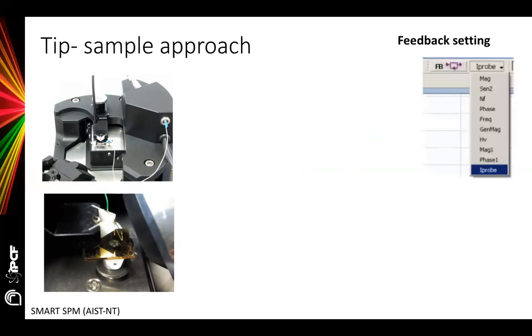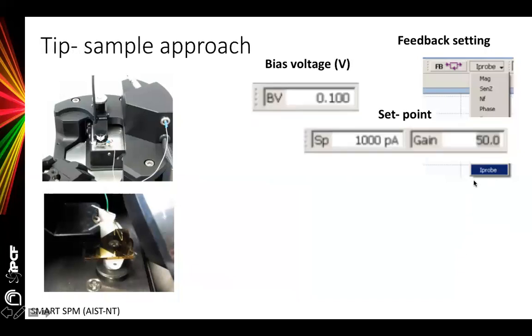To do this, we first choose our feedback interaction, that in this case is the tunneling current. Then we need to set both the bias voltage that we want to apply between the tip and the substrate, and the current value that we want to flow between the tip and the sample during the scan, the set point value.